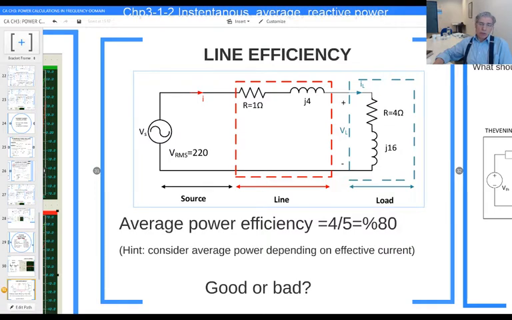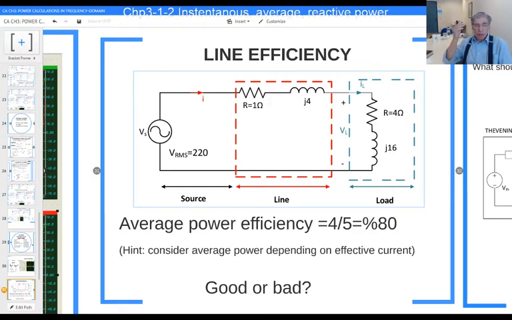Whatever is lost in between is the loss. There is no use for this power. It has been lost in transferring the electrical power from one point to another.